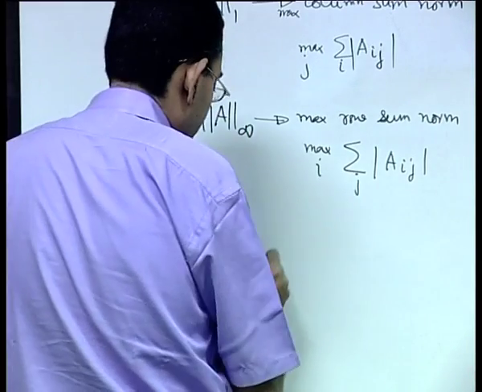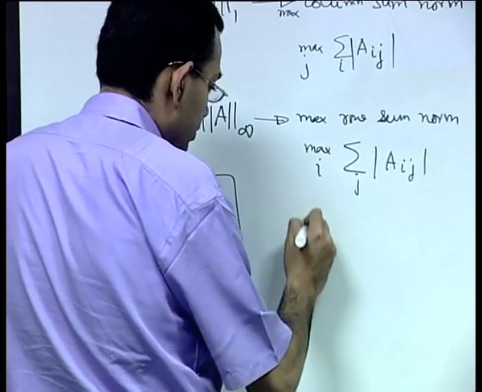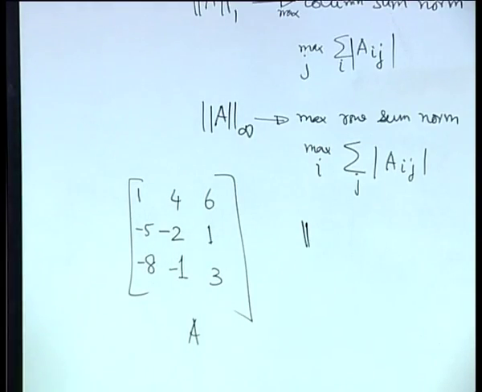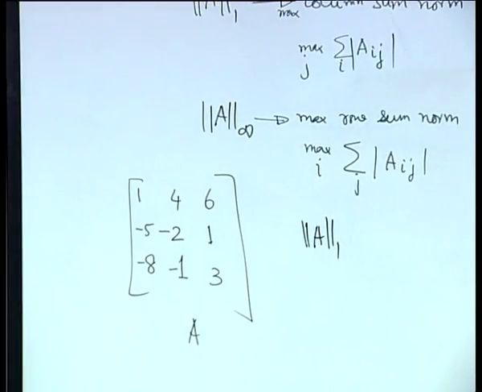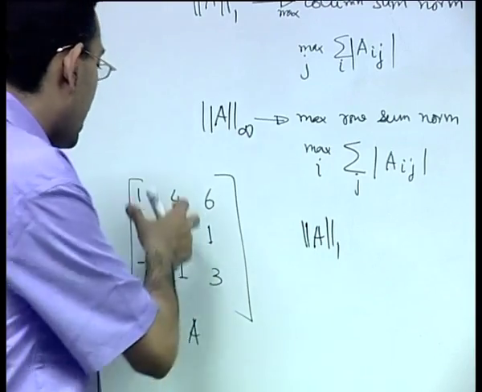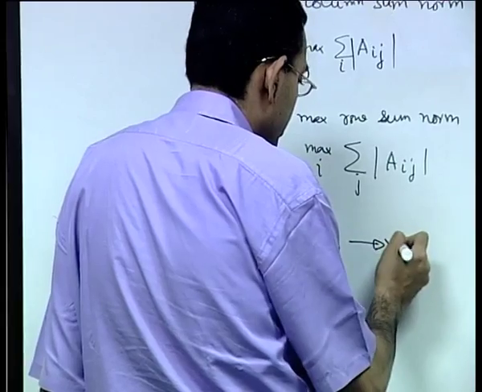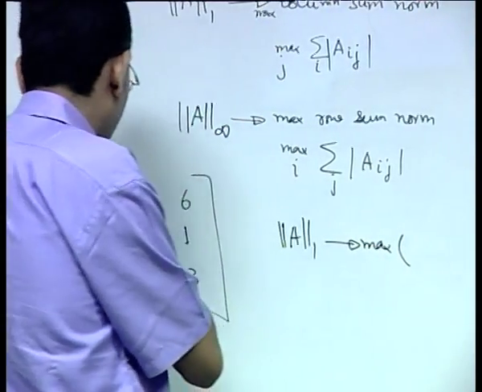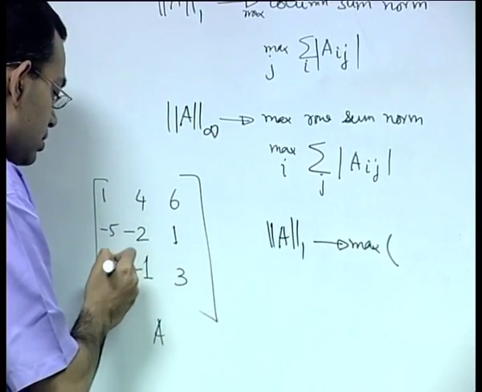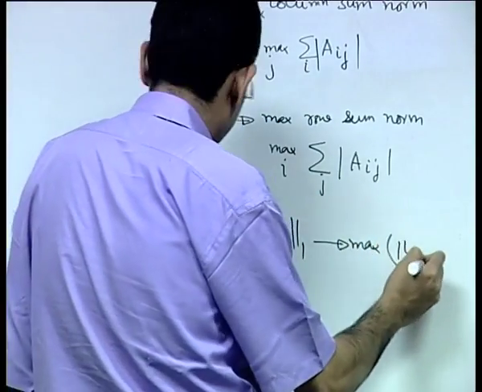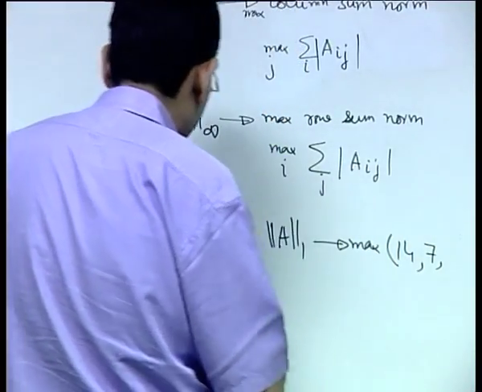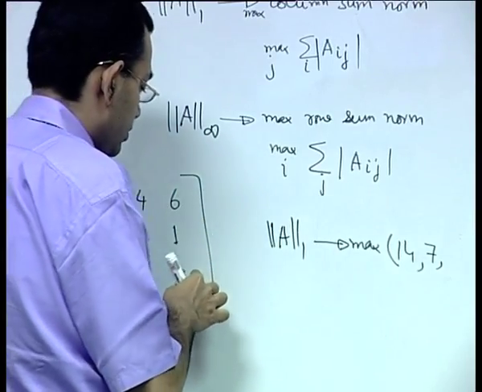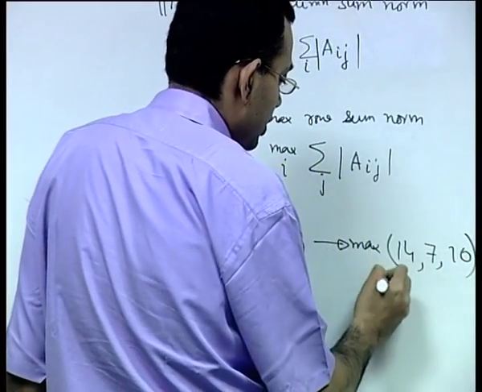Let us say this is matrix A. When we consider the first norm of A, then what are the options that we have? From the column 1 we have 1 plus 5 plus 8, so 14. From the column 2, 4 plus 2 plus 1, from the column 3, 6 plus 1 plus 3, so it is 14.